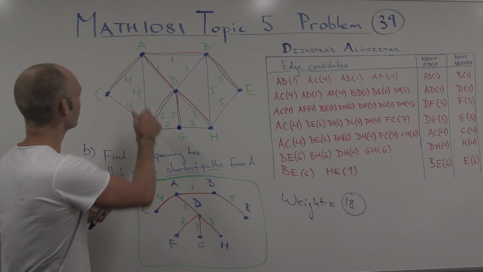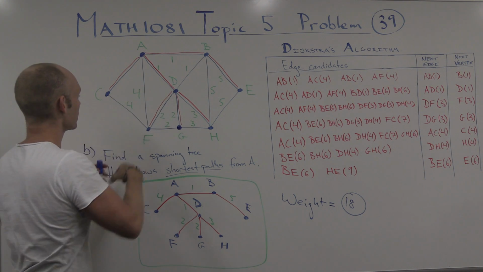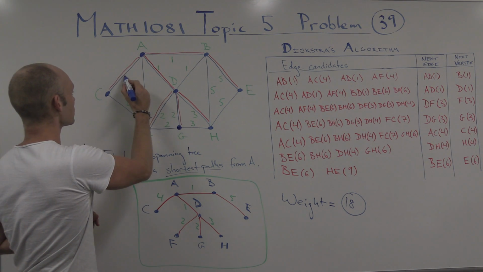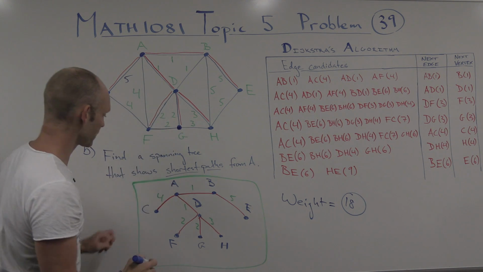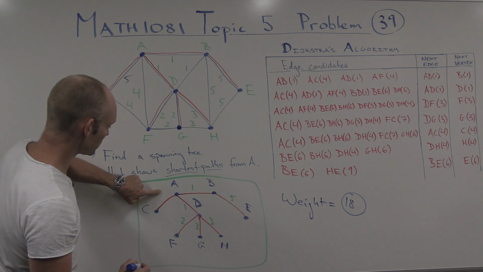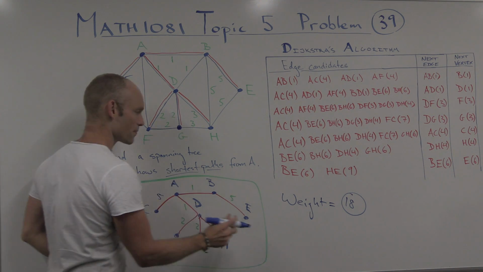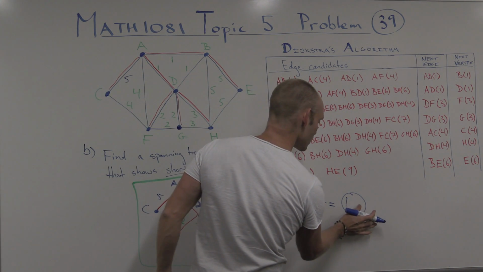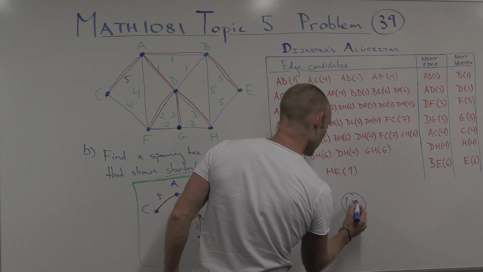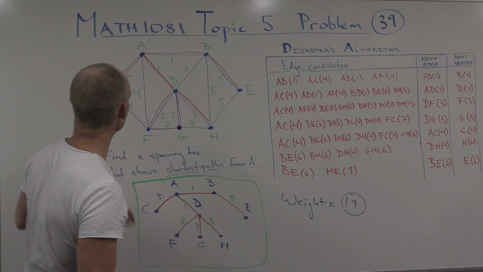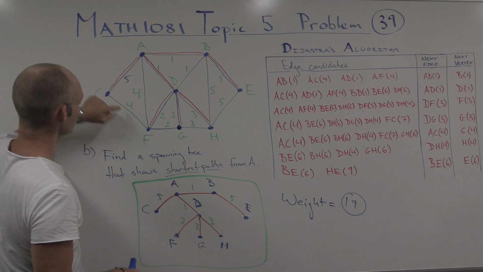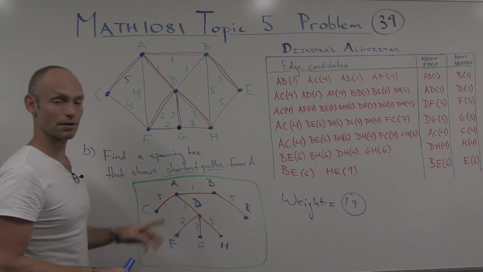For instance, if we take this 4 and turn it into a 5, then we get that the weight is now 19 instead of 18. Now the minimal weight is actually still 18, because instead of this edge, we could have chosen this edge in Kruskal's algorithm.